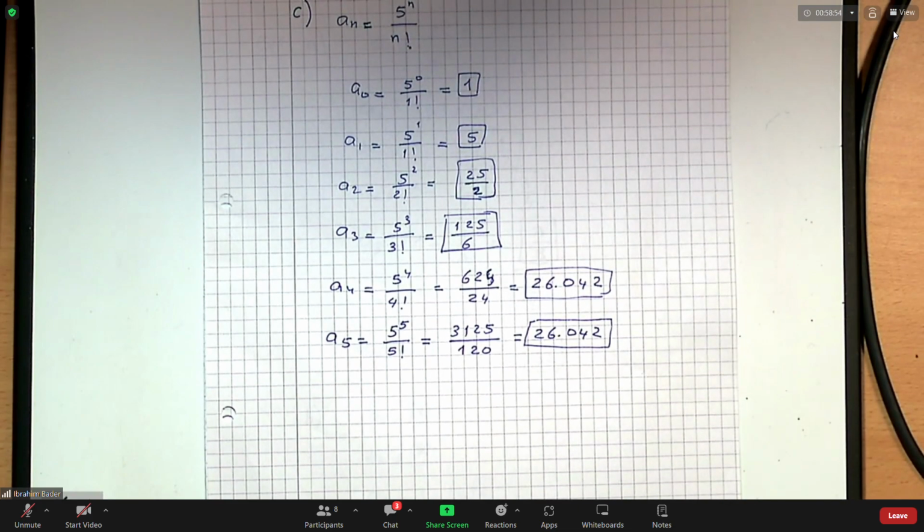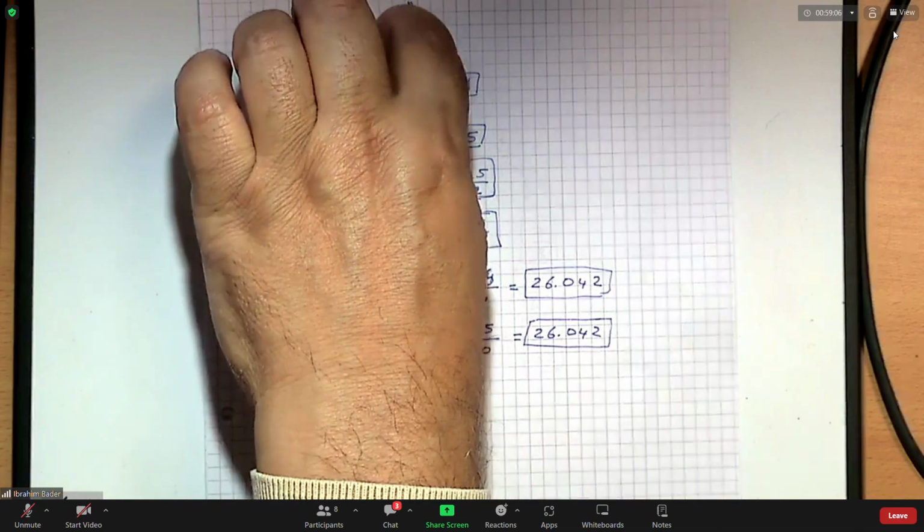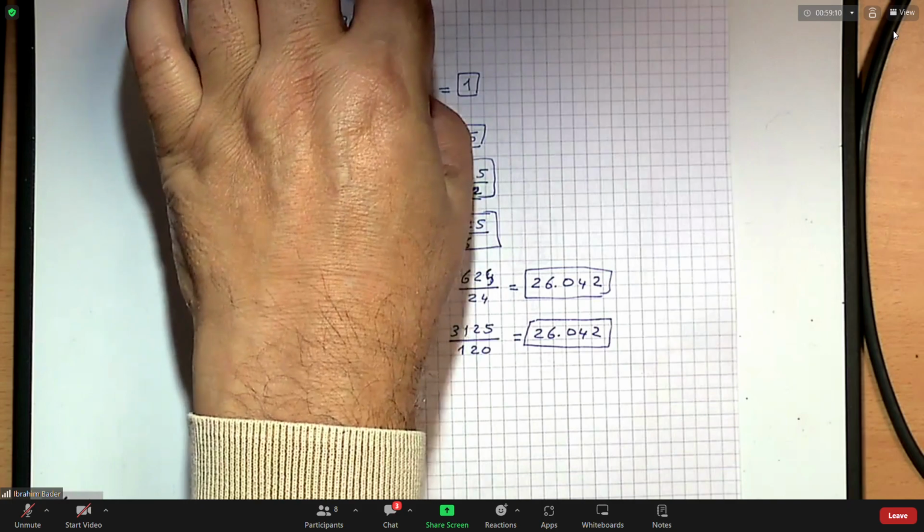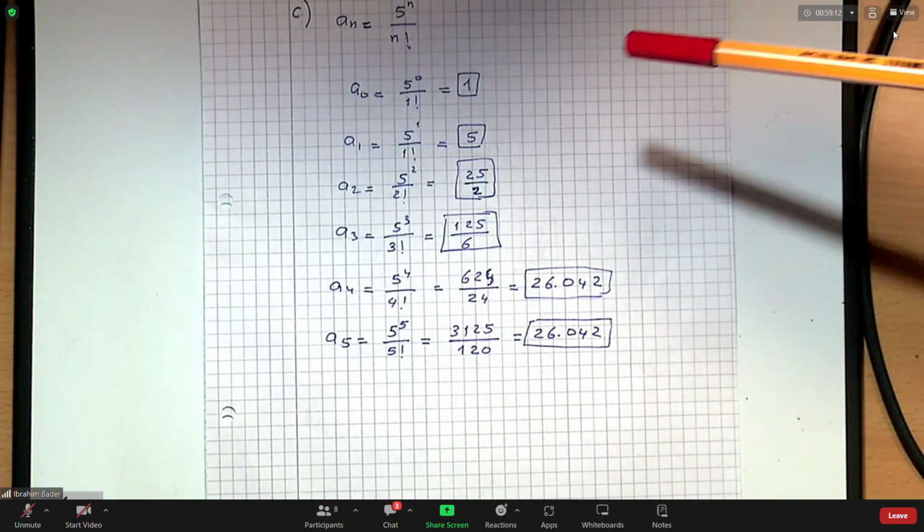Factorials at the beginning don't increase rapidly. However, when you proceed, they become very, very large numbers. It's the opposite with the exponents here. So this ratio, let's check it.